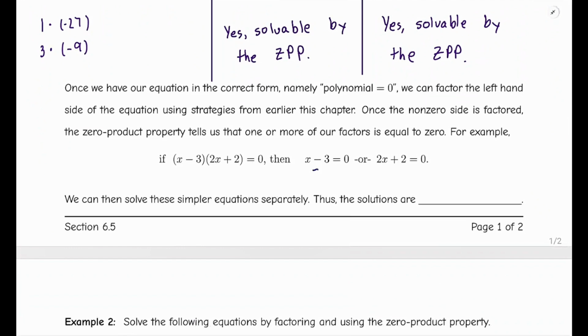And then we can solve these separately. First one gives us x equals 3. The second one gives us x equals negative 1. So the two solutions are 3 and negative 1.